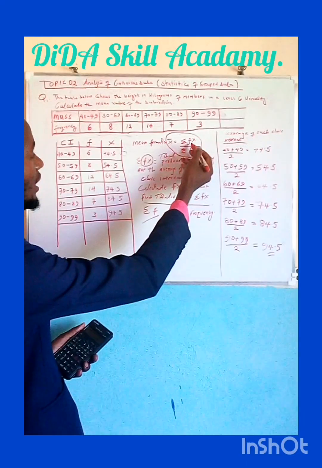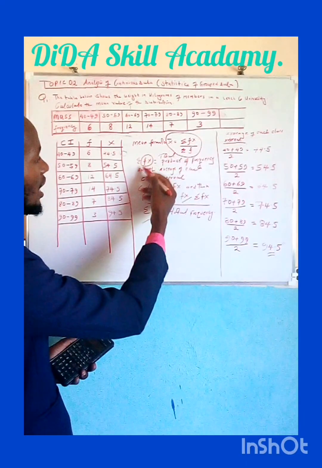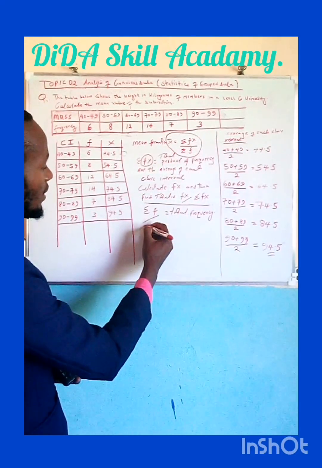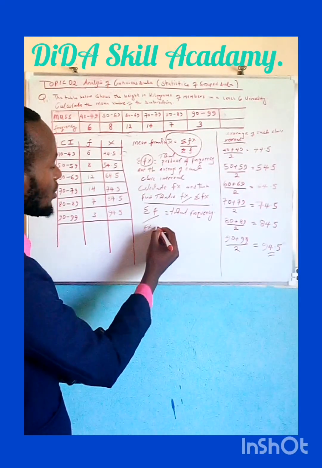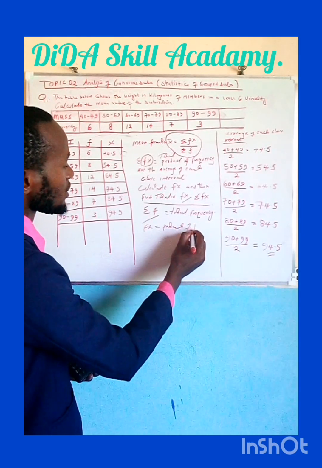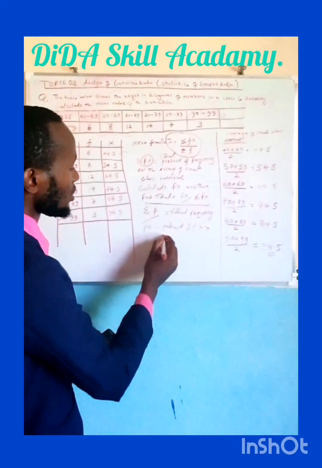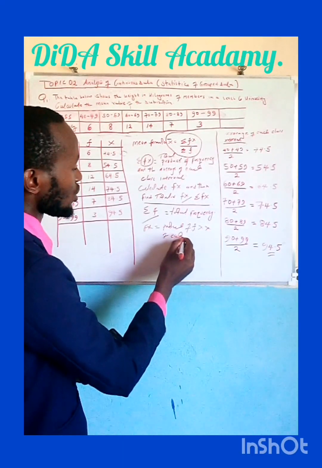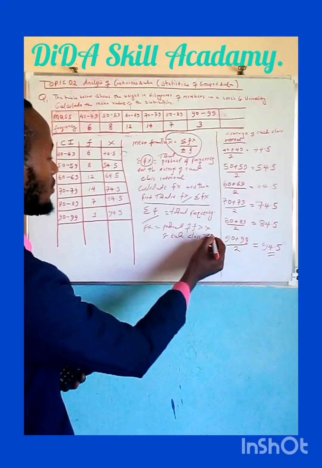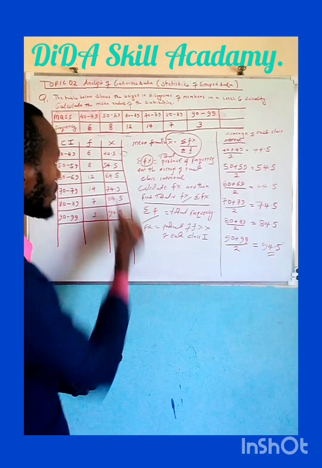Therefore, as we follow up with our formula, how do you find the summation of fx? Fx is the product of frequency and the average of each class interval, which is presented on the third column.